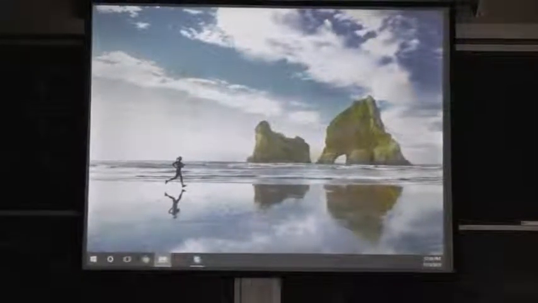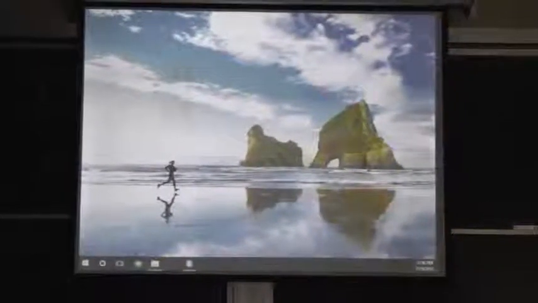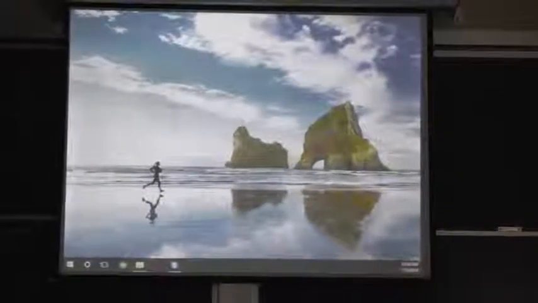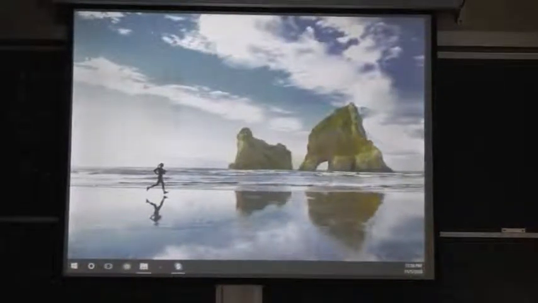You see anything? Windows. अच्छा इसको पहले select करते हैं.